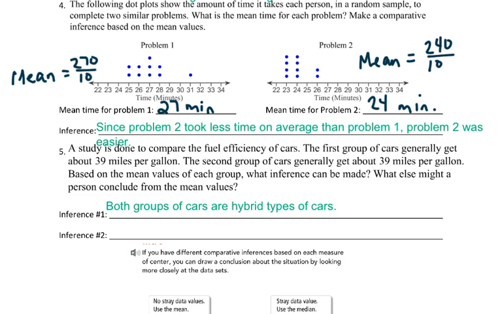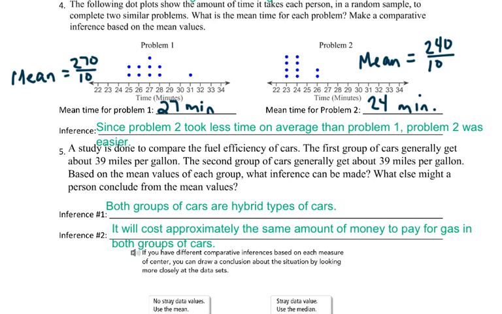Now, my second inference goes back to the fact that they have the same fuel efficiency. So my second inference is that it will cost approximately the same amount of money to pay for gas for both groups of cars.